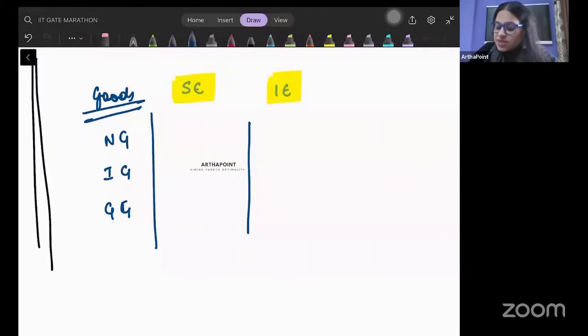So, you know, if I'm saying that this is this, then this is also this for normal good. अगर by chance in question they have told me that substitution effect is positive, then I will also assume income effect to be positive. उनको same direction में move करना जरूरी है. That is what is more important to us, right? So you just have to assume that this is negative, this is negative. If this is negative, this is positive. और इसमें ये greater है और ये greater है.